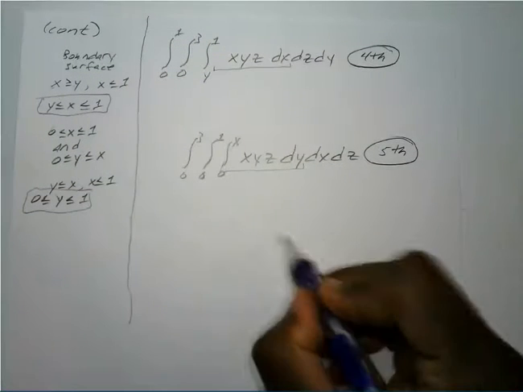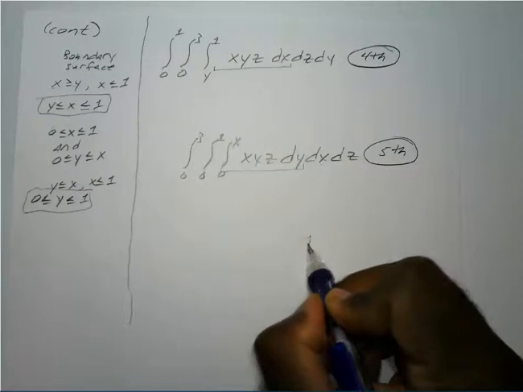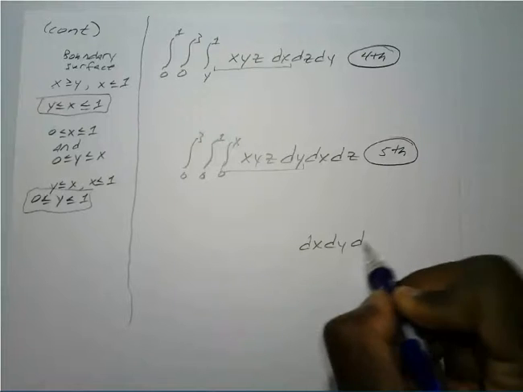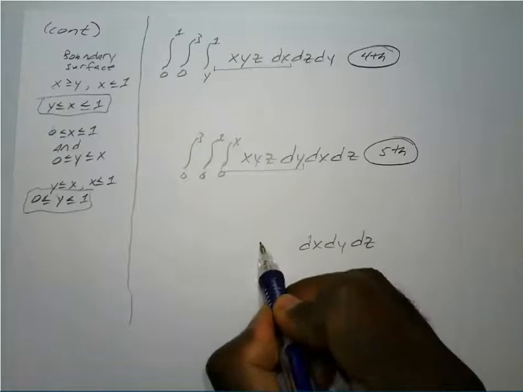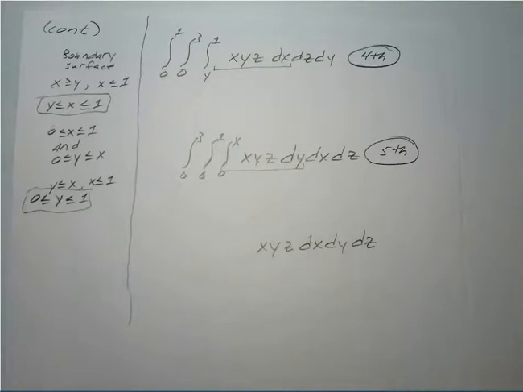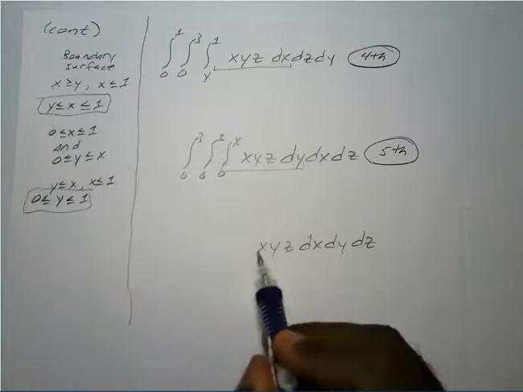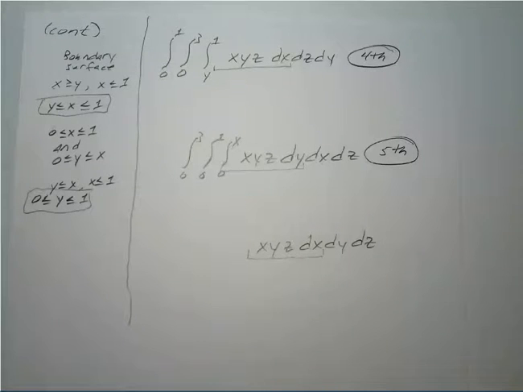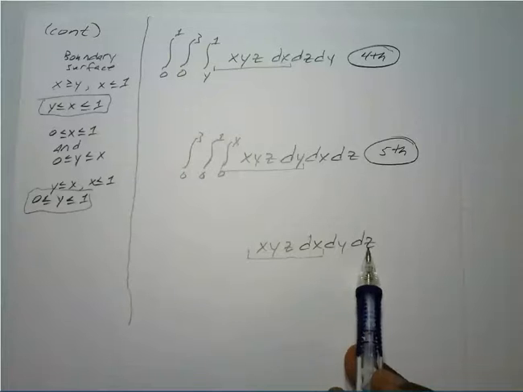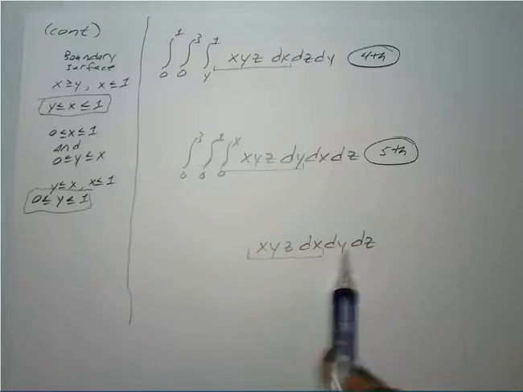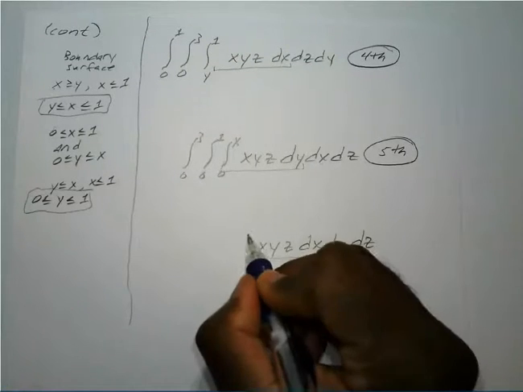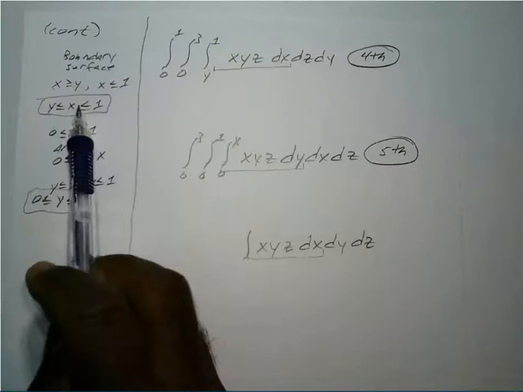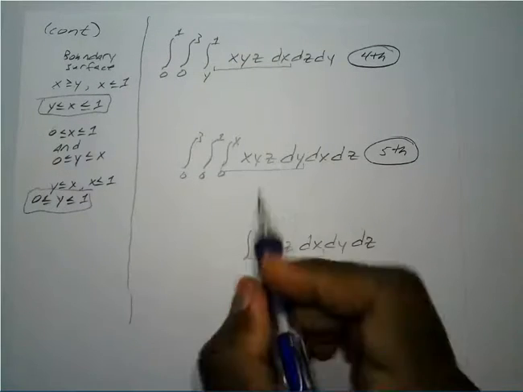And for our sixth, that's dx, dy, dz of our x, y, z. Since we're going to integrate with respect to x first, remember you still have to have a dy and dz after you integrate with respect to x. So we can use the fact that y is less than or equal to x, less than or equal to 1.